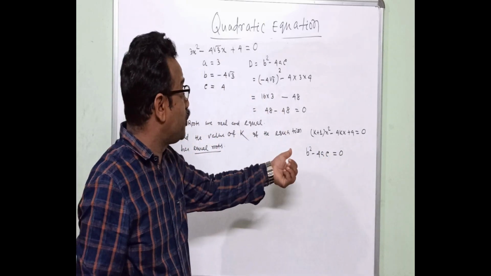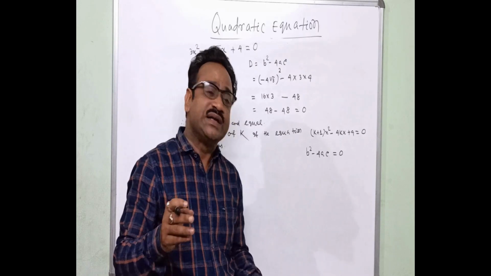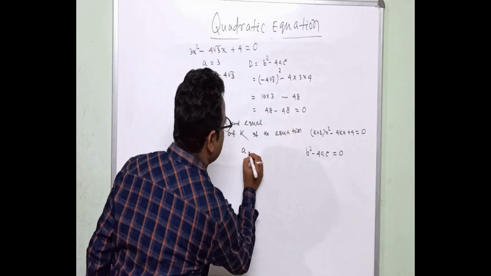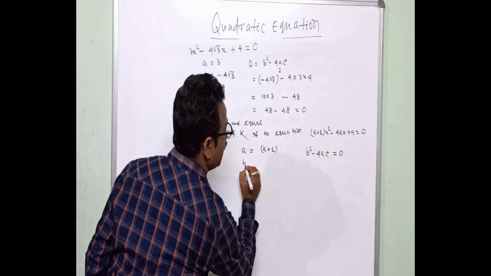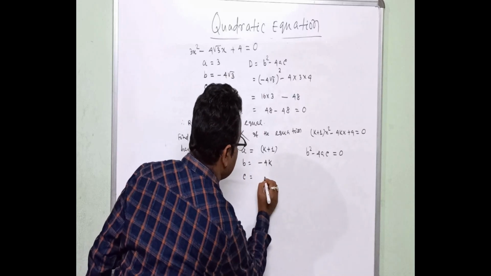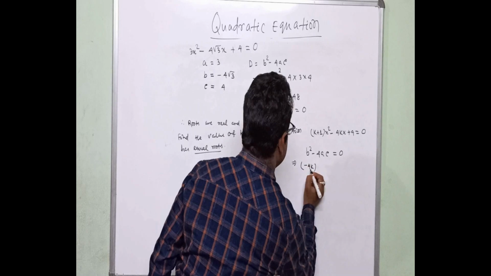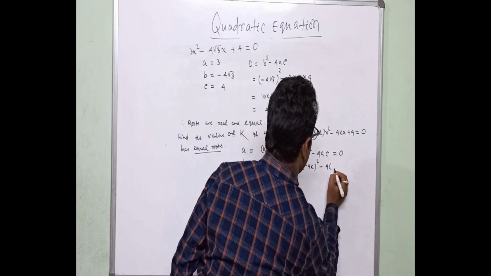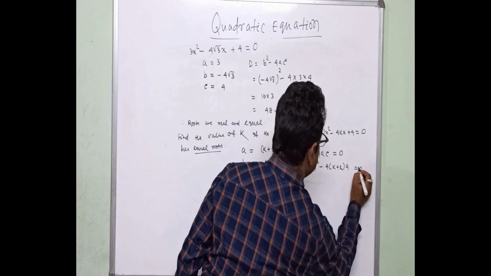Before going to put the value, you must write what is a, what is b, what is the value of c. Now here a is equal to k plus 1, b is equal to minus 4k, and c is equal to 9. (Minus 4k) square minus 4 into (k plus 1) into 9 is equal to 0.